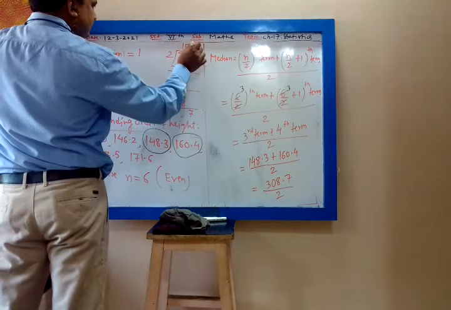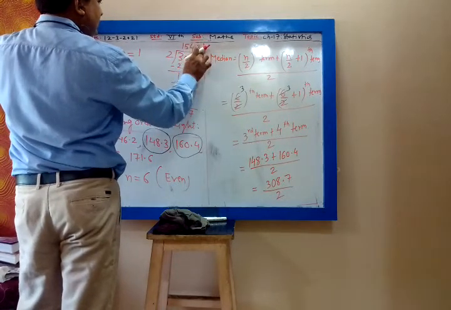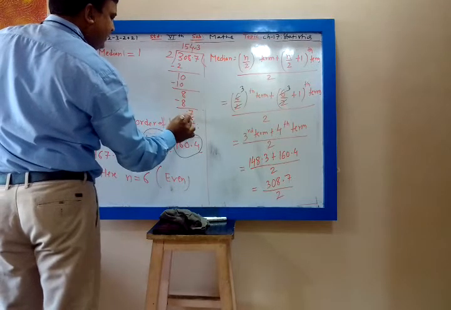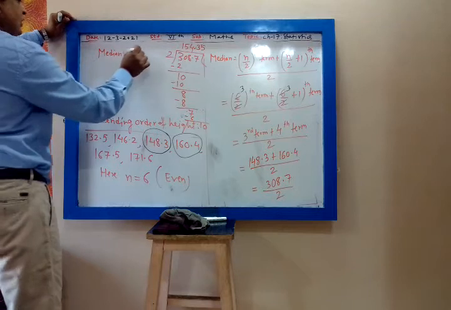We write point, 2 3s are 6, 7 minus 6, 1, 10, 2 5s are 10. So 154.35.